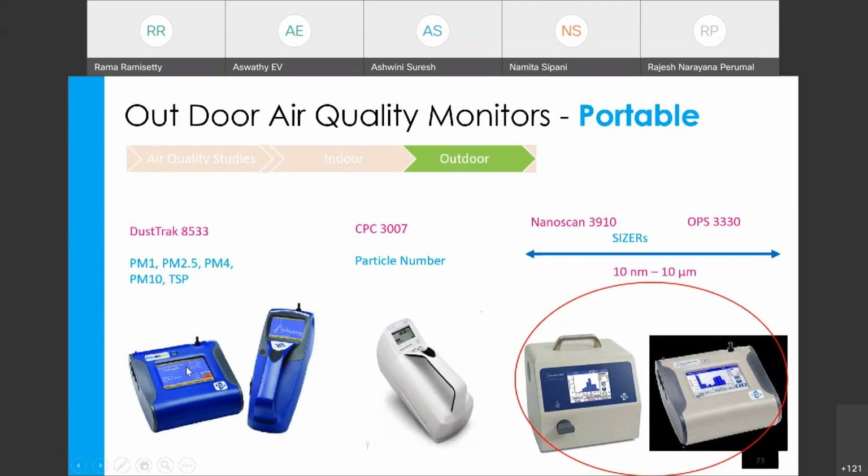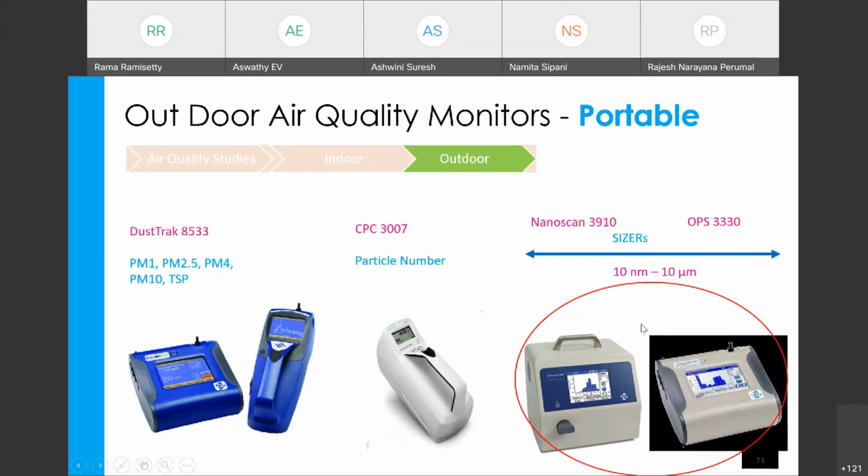You can collect those total particles and do further chemical analysis. And we have this condensation particle counter. This is very similar to P-Trak equipment, which can measure nanoparticles. So the combination of these two will give you the air quality details: how many smaller particles are there, how many bigger particles are there, and what is the mass.